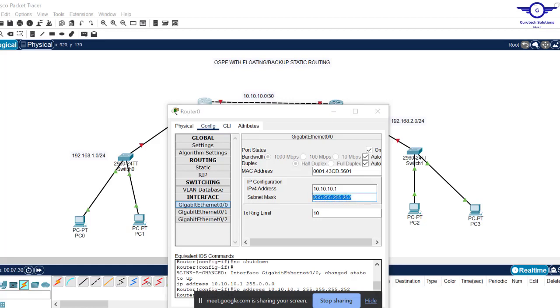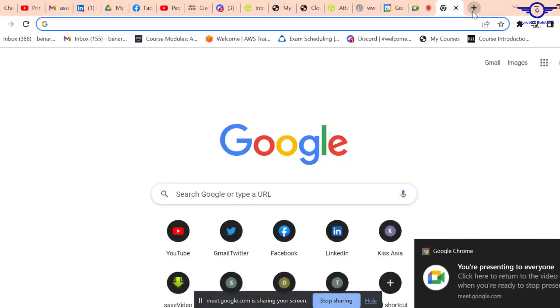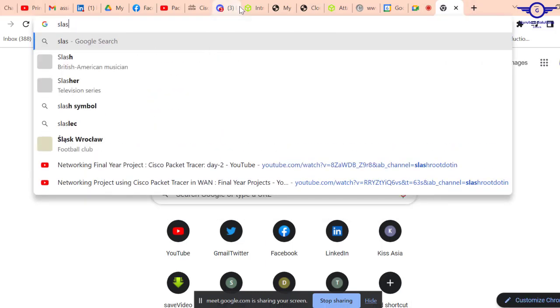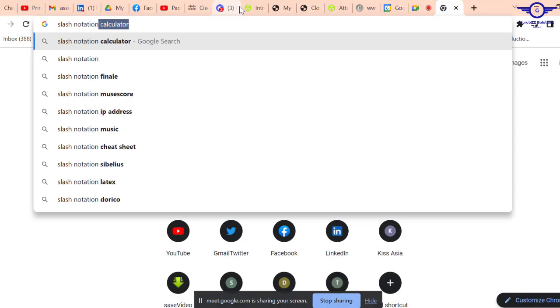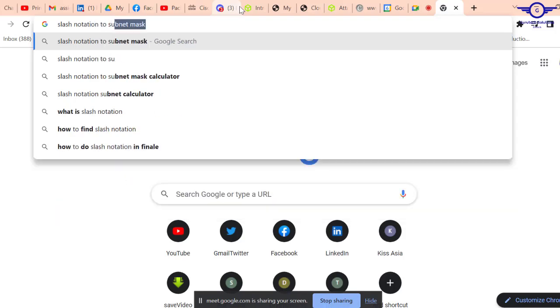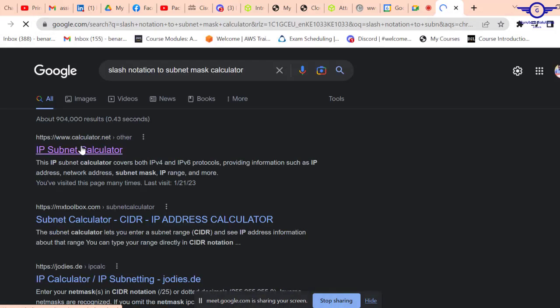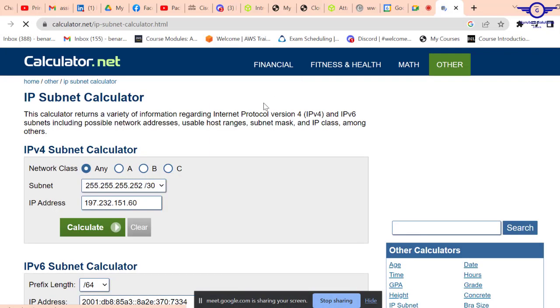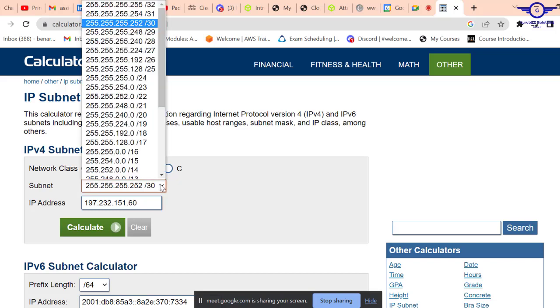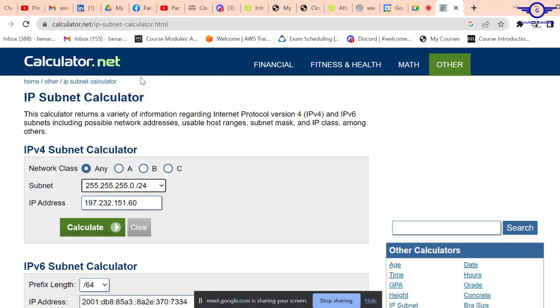So how do we convert the / notation to a subnet mask? For example, if you have /24 here, you can see it's 255.255.255.0.